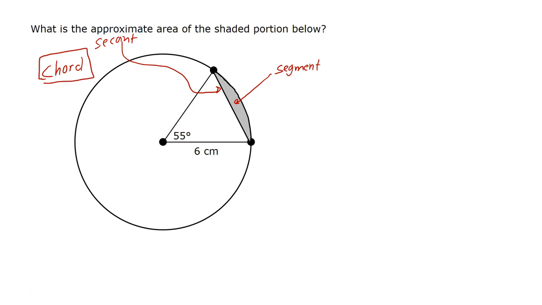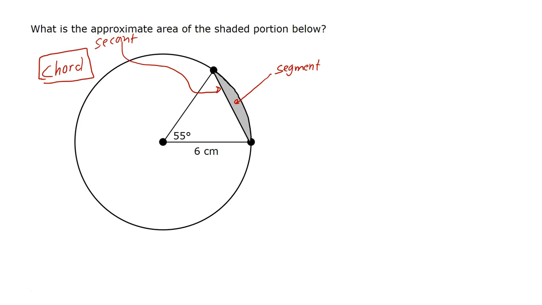Basically, it's any segment that has both endpoints on the circle itself. A diameter is a chord. It's just a chord that goes through the center. So if I have a chord, and whatever is between the chord and the circle is bounded by that, that's what we call a segment of the circle.